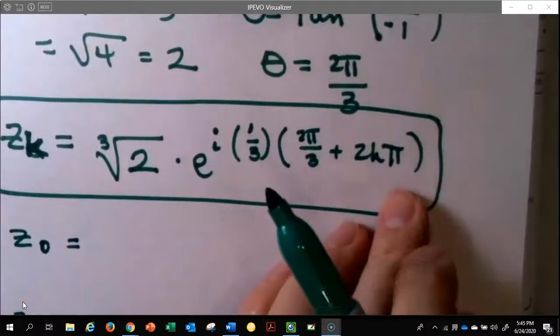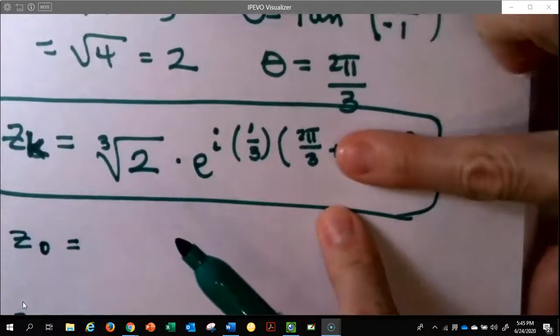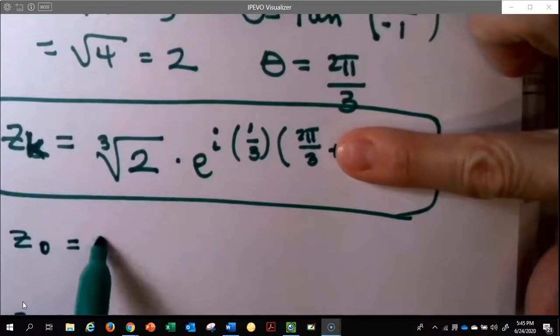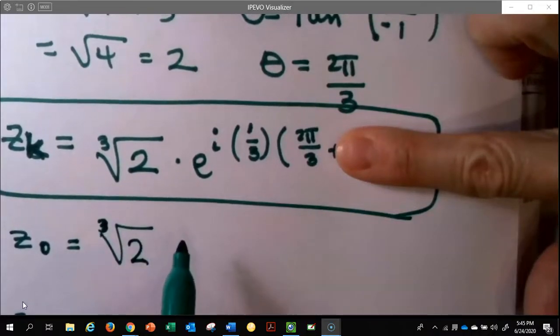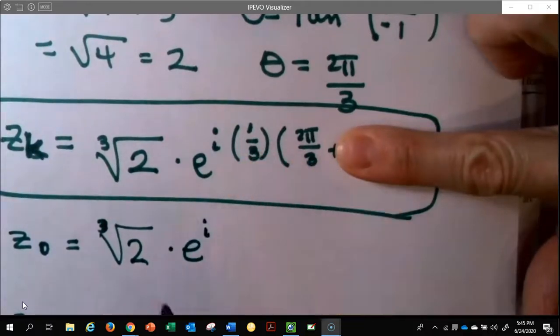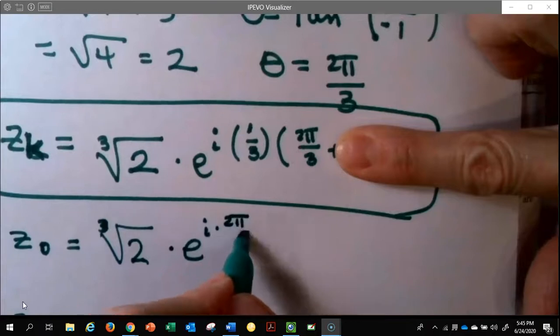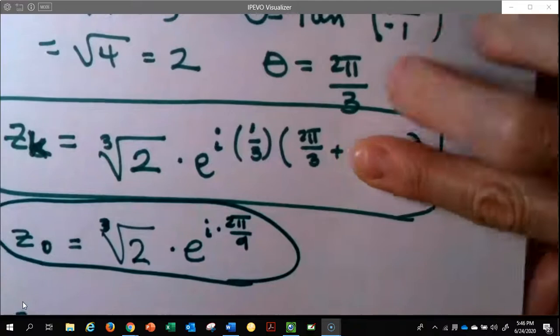This is our template, and so we're going to take our 0, plug it in for k, and all of that's going to disappear. So as our first root, we get the cube root of 2 times e to the I. We can go ahead and multiply these together, and we get 2 pi over 9. Here is one of our roots.